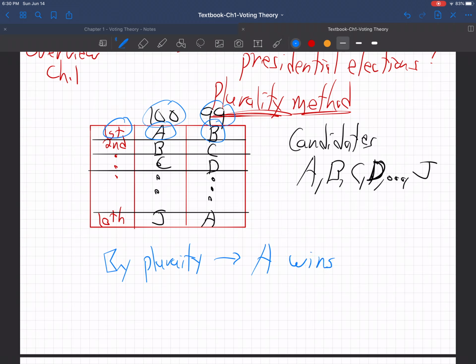A got more, just barely, more first place votes than B. A got 100, B got 99. So by the plurality method, A would win. That's how we would do president, right? They wouldn't even ask us. All this stuff down here wouldn't even be known. They wouldn't even ask us our second favorite, third favorite, etc. So all we would say is, who's our favorite? 100 people put A first, 99 people put B, so A wins.